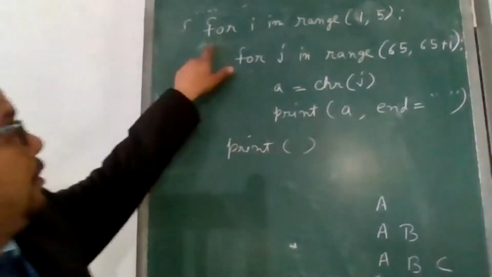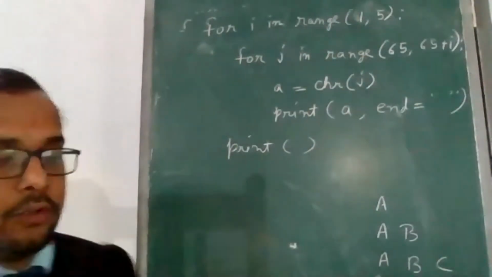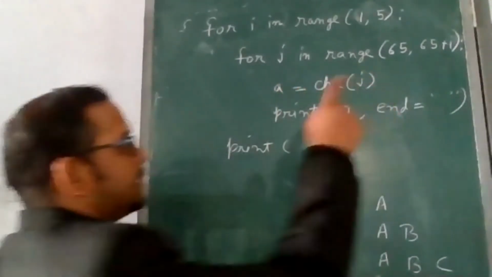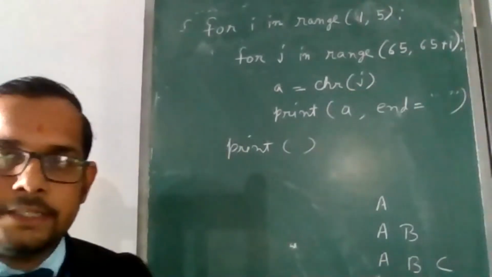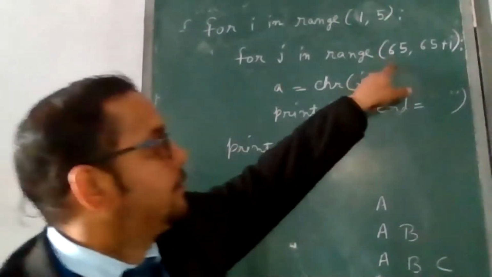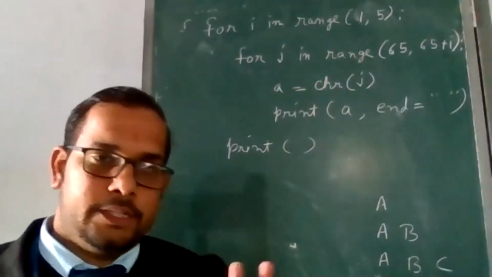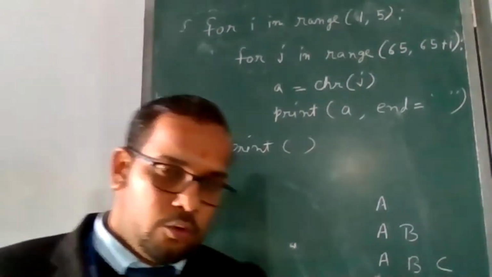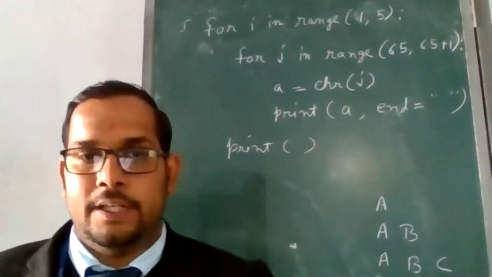Why? For i in range 1, so the first time the value of i is 1. Then for j in range 65 comma 65 plus 1, because the value of i is 1, so 65 is the value of j. We have two functions, one is chr and the second one is ord. The ord function converts a character to its ordinal value.